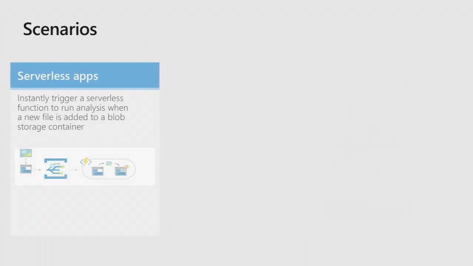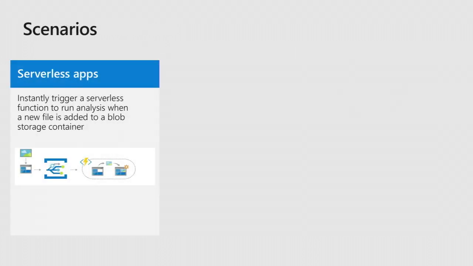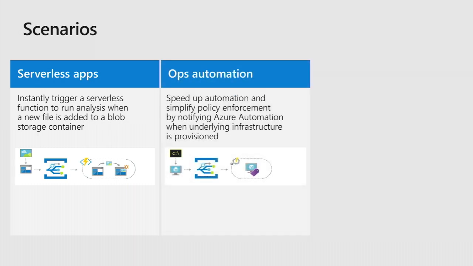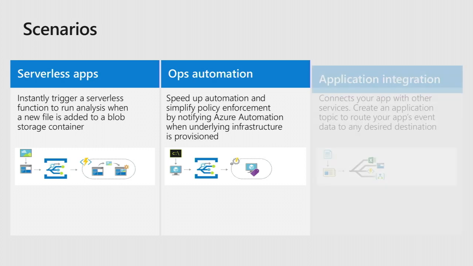Having said that, the scenarios Event Grid is good for, first, are serverless apps, and we're going to show a serverless app that's using messaging to build out scale points. There's a very intriguing case study. This isn't my area of expertise, but with ops automation, we can trigger certain types of events that can do things like cause Azure runbooks to run, or trigger a PowerShell function that does some scripting. So it can automate events in infrastructure based on those messages that are being produced.